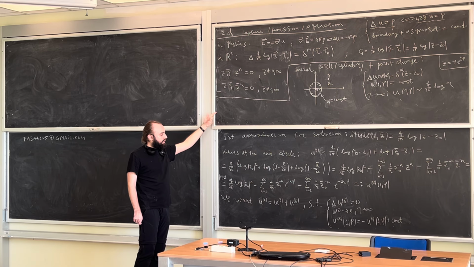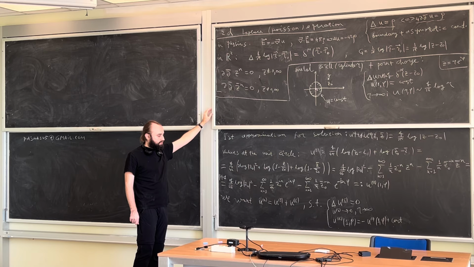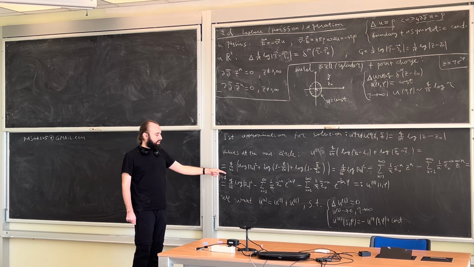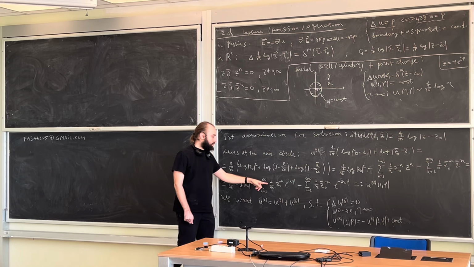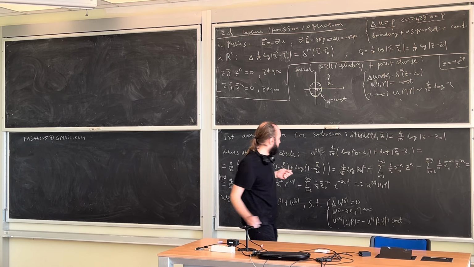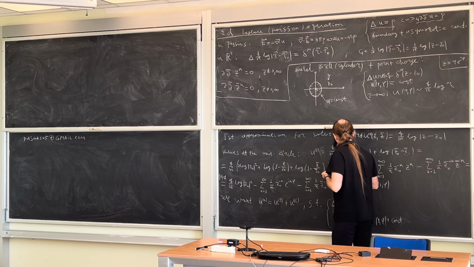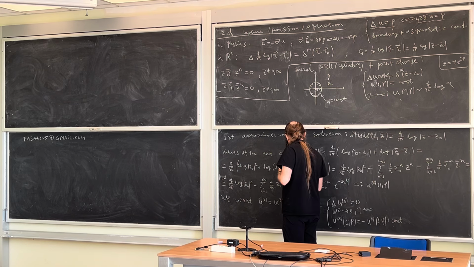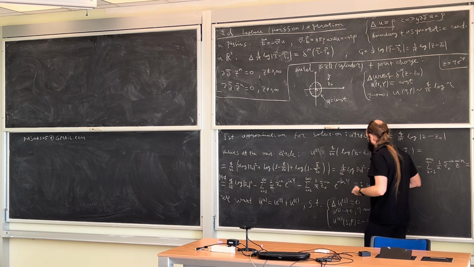It should decay at infinity, so it should contain negative powers of z. And its restriction to the unit circle should be this. So the phi dependence on the unit circle is written here. Everything else are just constants.